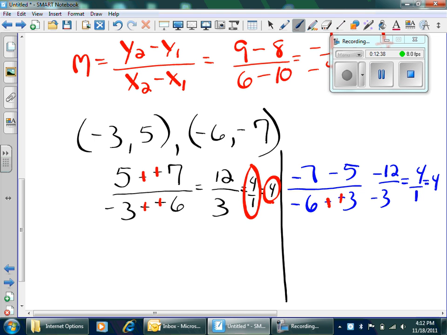Minus a negative is plus a positive. -6 plus 3 is -3. -12 divided by -3 is +4 over 1, or 4. Either one of these is a good answer. You don't have to give both. You should only give one. If you want to stay with the fraction, that's okay. Now again, if you want more practice, there are extra problems in the back of your textbook. All right, moving right along.